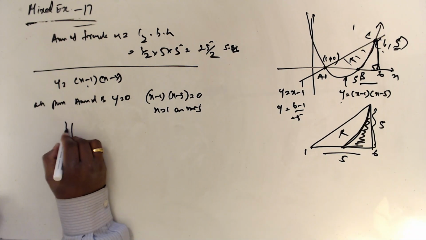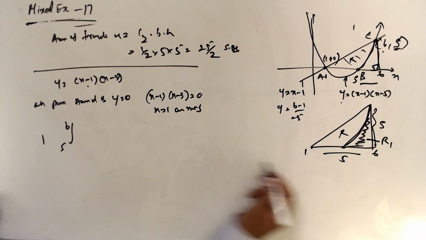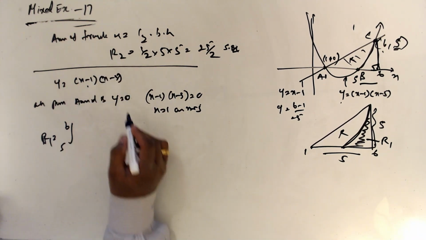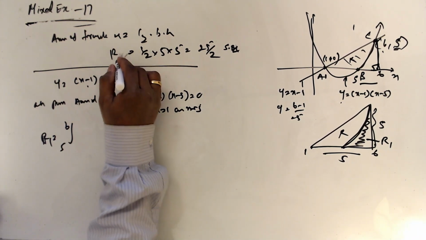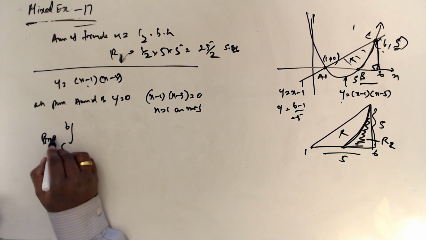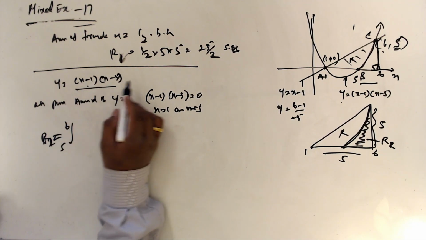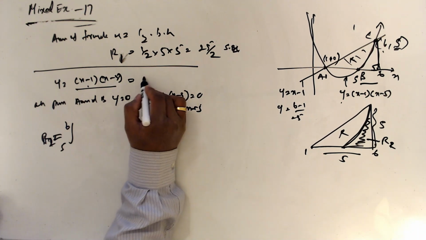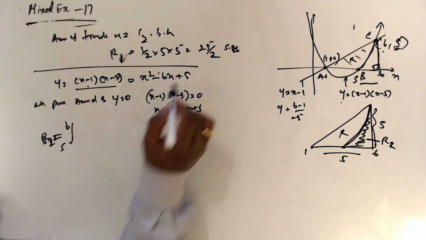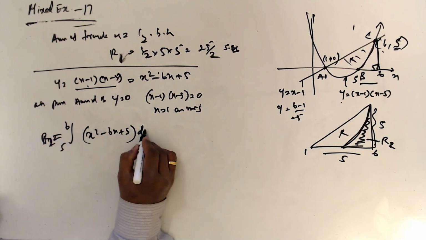So from 5 to 6 I will take this as R1 area. This is R2. So I'll change: this is R1 and this is R2. So R2 is from 5 to 6 of this curve, x minus 1 times x minus 5. So this is going to be x square minus 6x plus 5 dx.